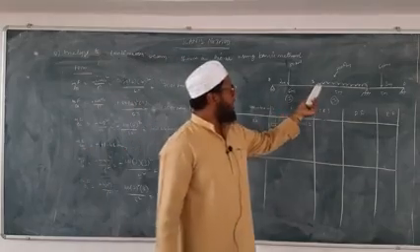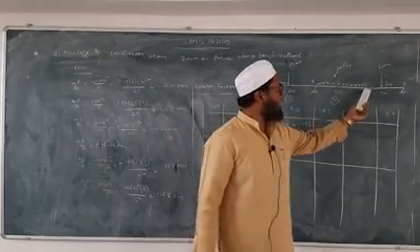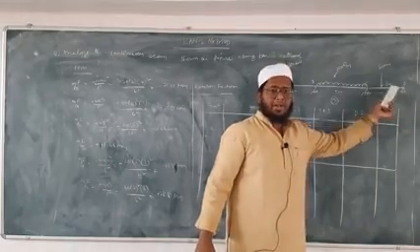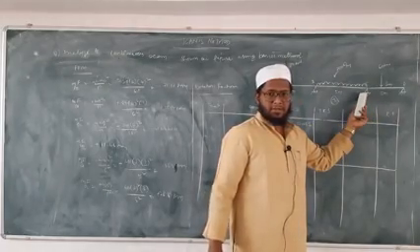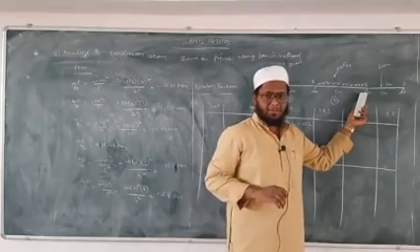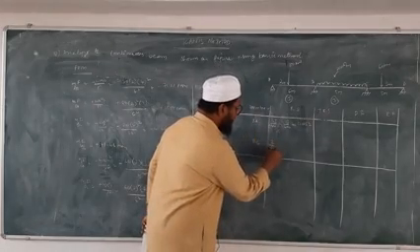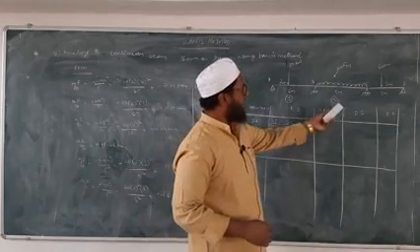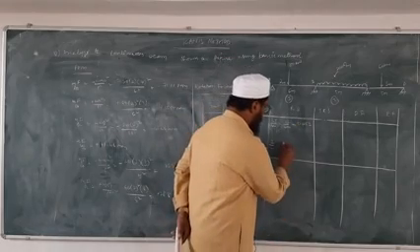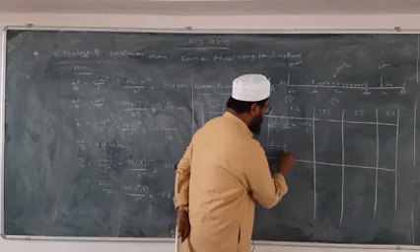Next, what about member BC? See here, from member B to C, we have one more support there. So we will treat this as fixed, and take I by L. Able to follow? What is I over here? I only, by L is 5.